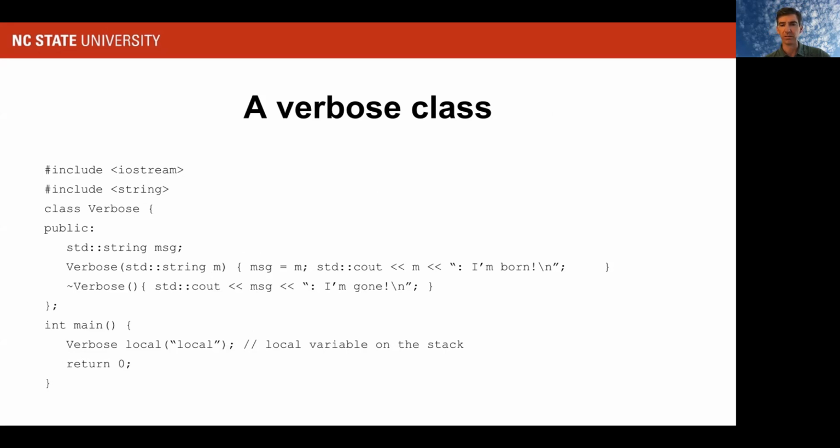And then we print out a message saying, whatever that string is, it's going to be the name, some sort of identifier, I'm born. And then when the object gets destroyed, we print out this message, name, I'm gone. And so if I ran this main function, then I would get something like local, I'm born, and then local, I'm gone. And I would just see those two things back to back.